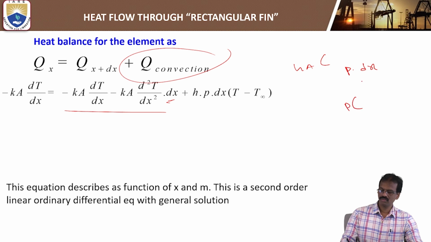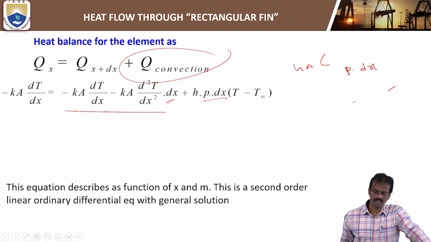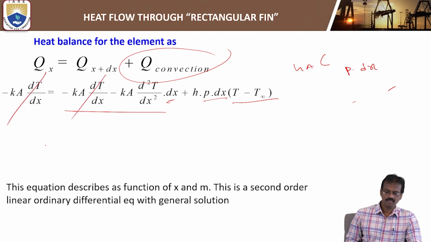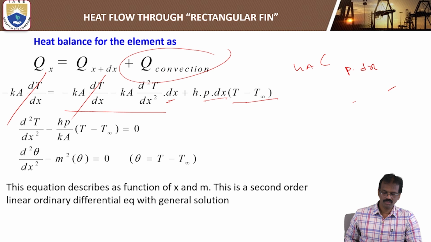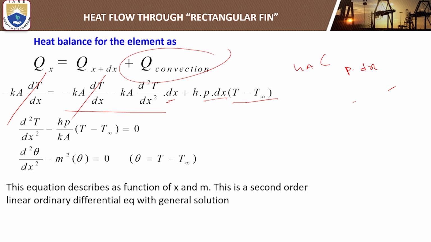The perimeter is 2 into (w plus t), width and thickness. So the formula is h P dx into the temperature difference T minus T infinity, where T infinity means ambient temperature. Then this will be cancelled, and the formula will be equal to 0.